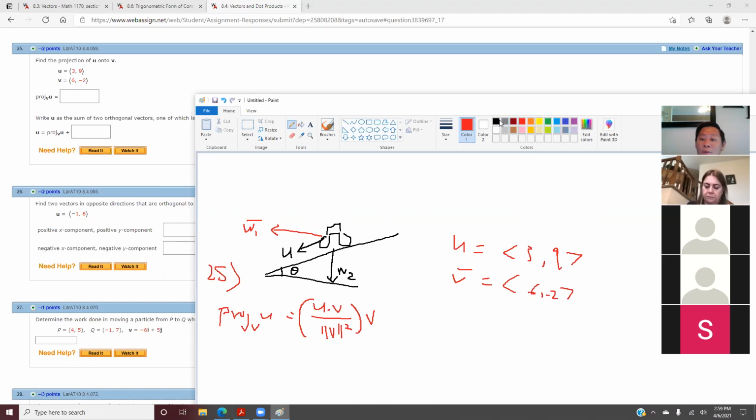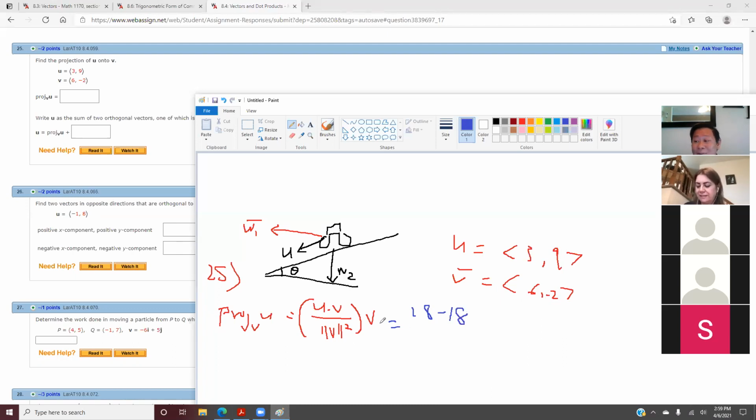So in order for you to find the U dot V, again, you multiply. So 3 times 6 is 18. 9 times -2 is also -18.